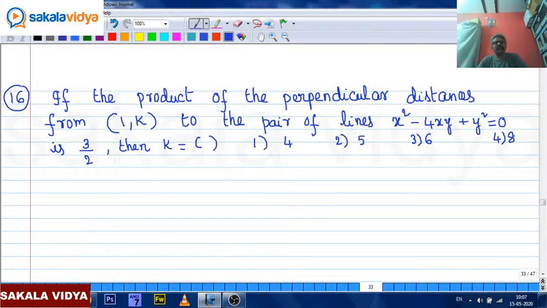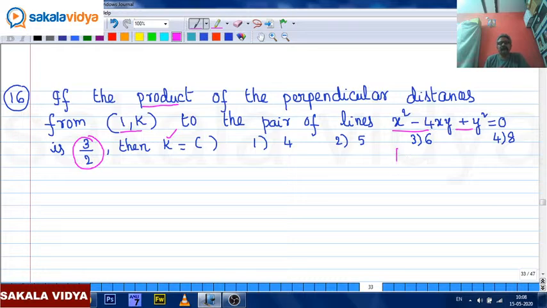So first we need to find the product of the perpendicular distances from (x1, y1) to the pair of lines, for example ax square plus 2hxy plus by square is equal to 0, and that is equated to 3 by 2. Already we have discussed the formula.